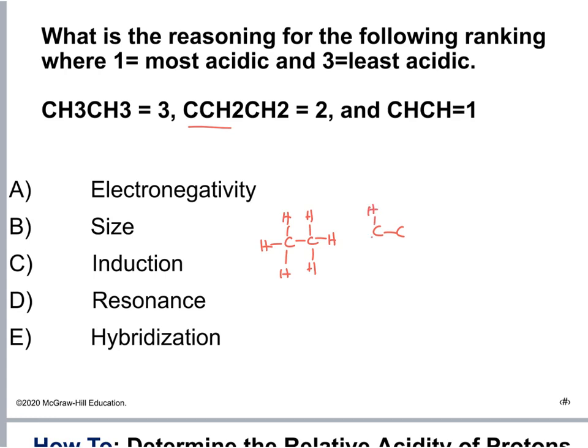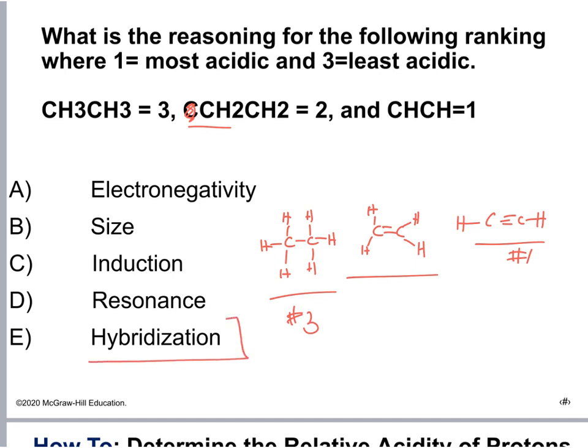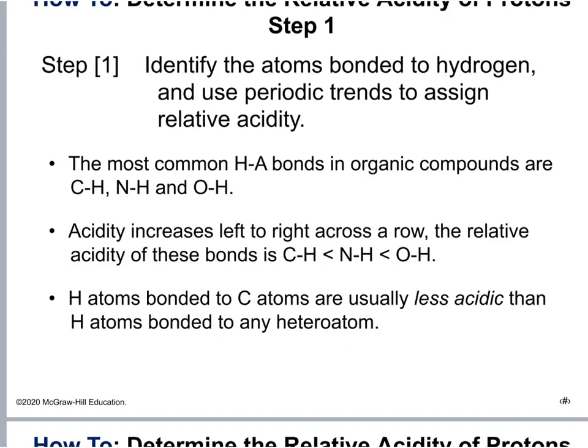I think this is a typo there. I don't think that's supposed to be there. And then they're showing you this. So in this case, when you're dealing with this being number 1 and this being number 3, what's the concept? The concept is hybridization. sp, sp2, sp3.